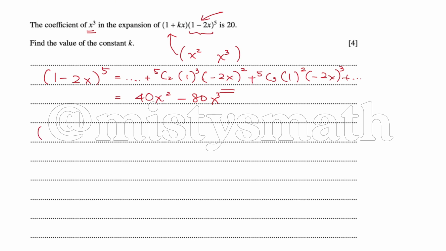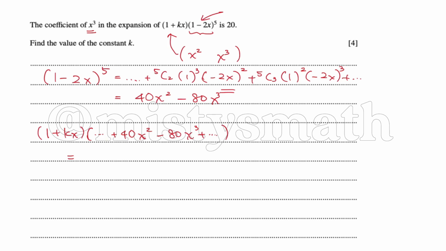Now, if you combine the expansion with 1 plus kx, together with the terms of interest, 40x squared minus 80x cubed and some other terms, remember that I don't want to multiply 1 with 40x squared because that just gives x squared. I'm interested in x cubed. Put that in your mind.